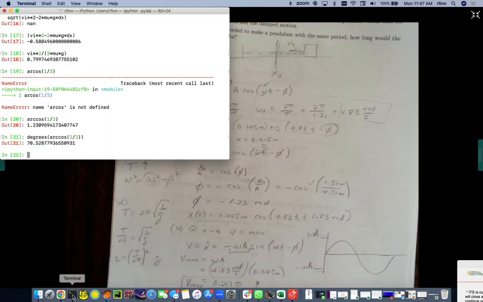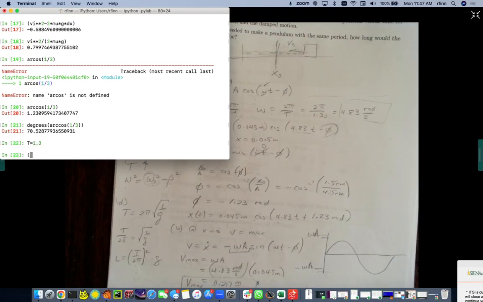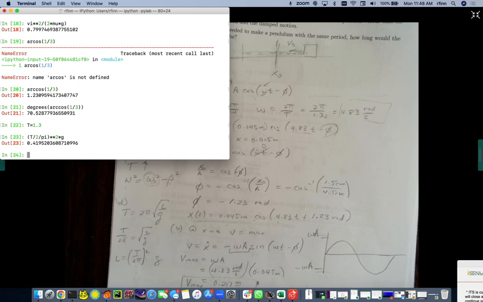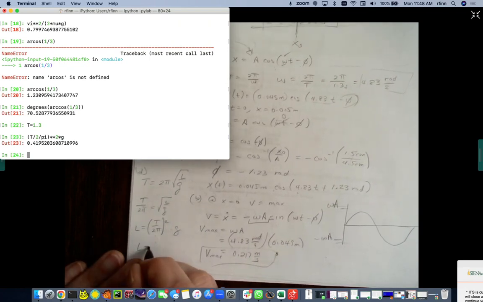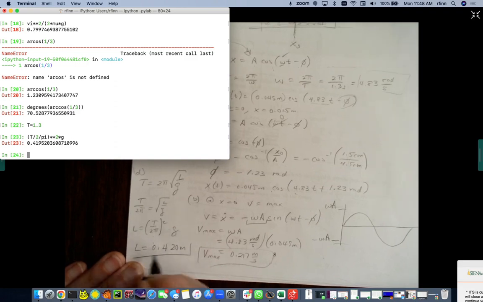Let's do that quick. T divided by 2 pi, squared, times g gives 0.4195. So we'll say that the length should be 0.42 meters.